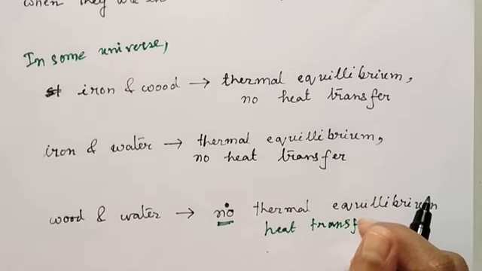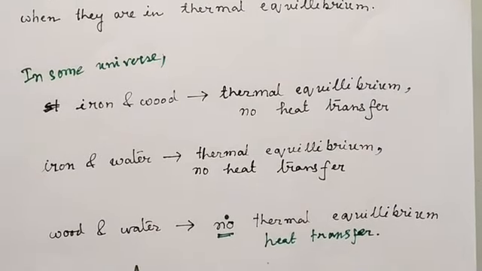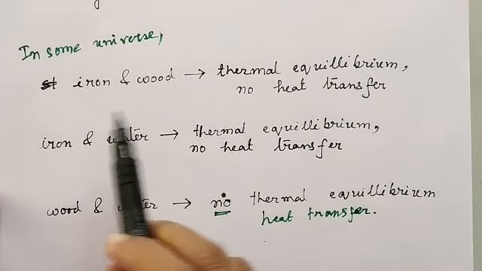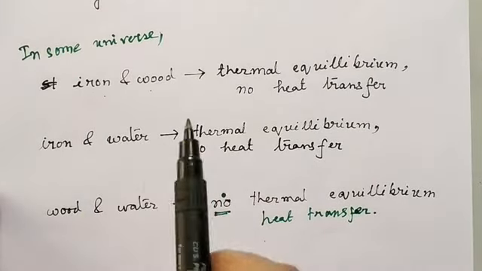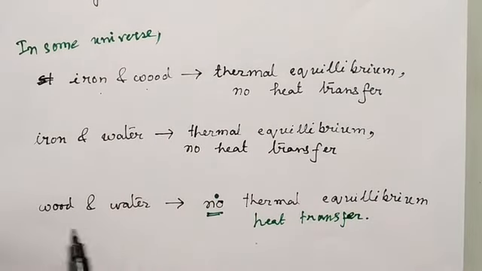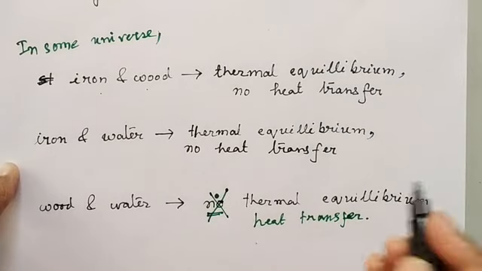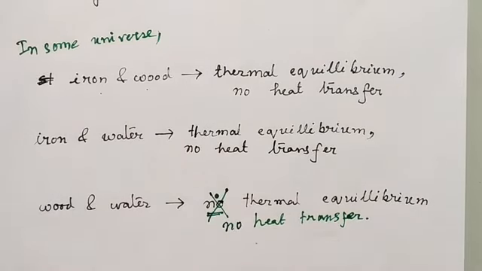But thankfully in our universe such a case does not happen. That is, the zeroth law of thermodynamics holds true. So when the iron and wood are in thermal equilibrium, and iron and water are also in thermal equilibrium, then wood and water will also have to be in thermal equilibrium and there will be no heat transfer.